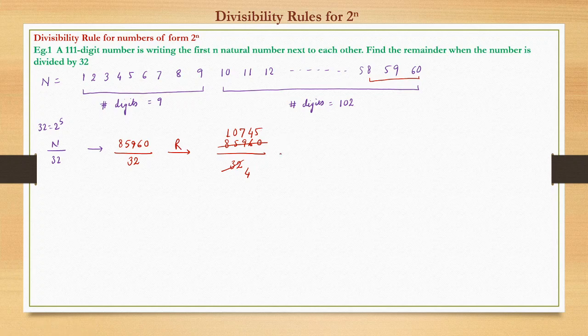So now we will find the remainder of 10745 divided by 4. What will be the remainder? We just check with the last two digits. 45 by 4, the remainder would be 1. But here we had cancelled out 8 from both numerator and denominator, so we will multiply it back. So the remainder becomes 8.